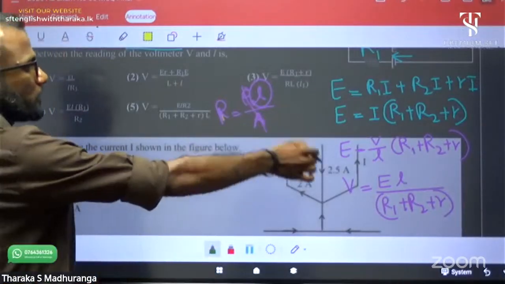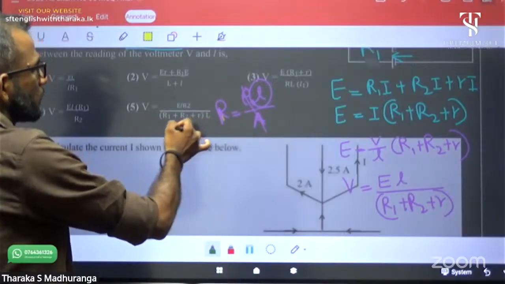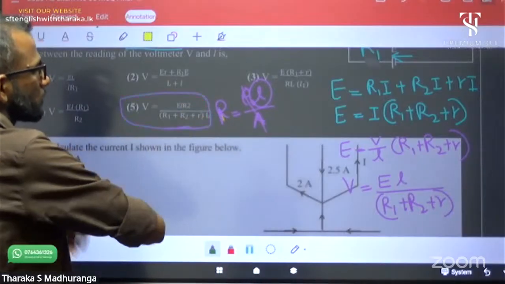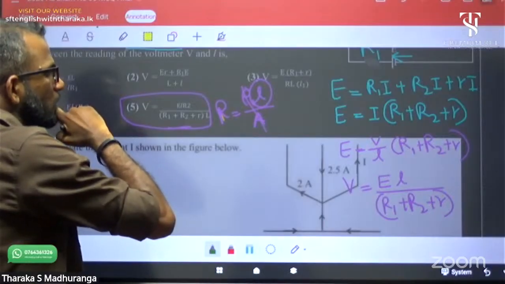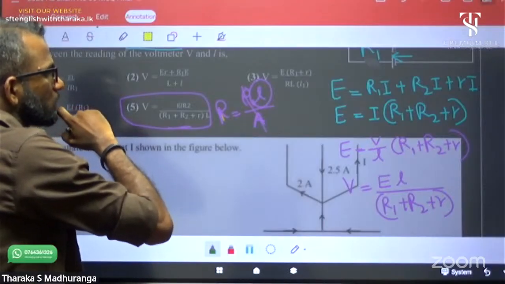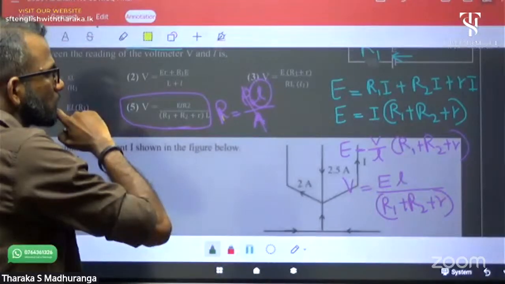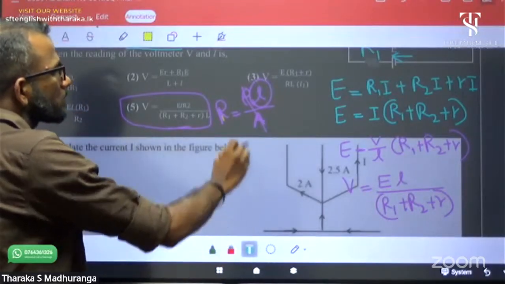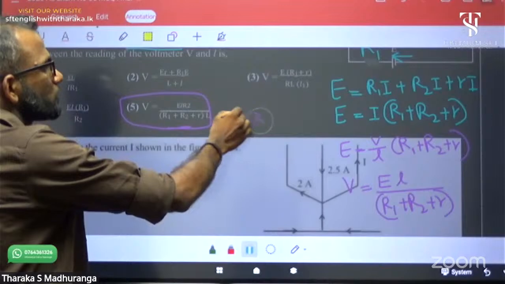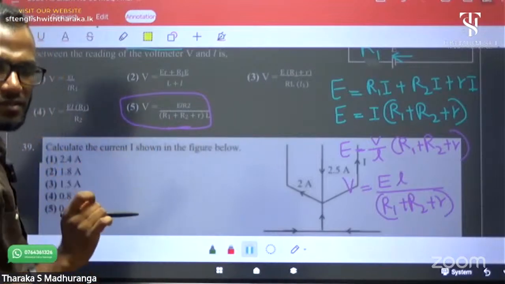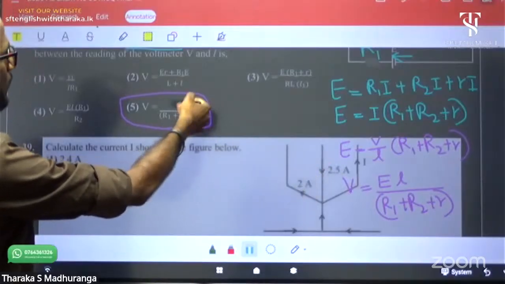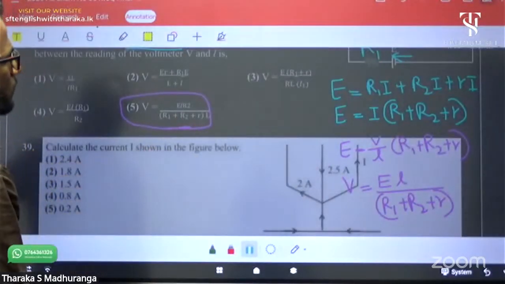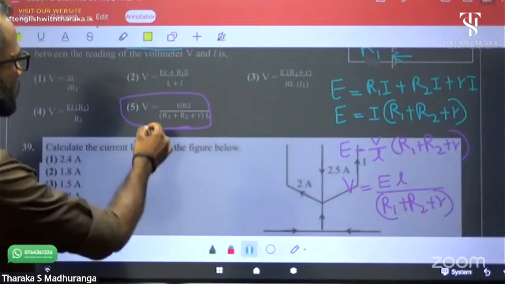Actually, according to this, the fifth one is the answer. The fifth one, and an L comes here too. This type of answer, you don't need to get the exact answer. That is the answer, however, but here one more thing is done right. But this is the answer, right?